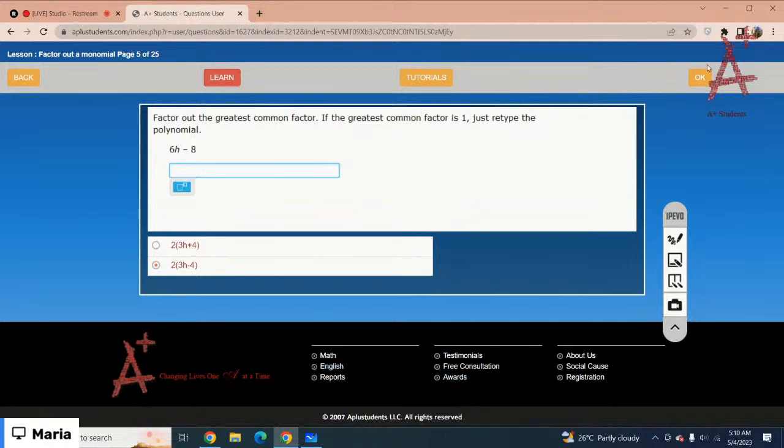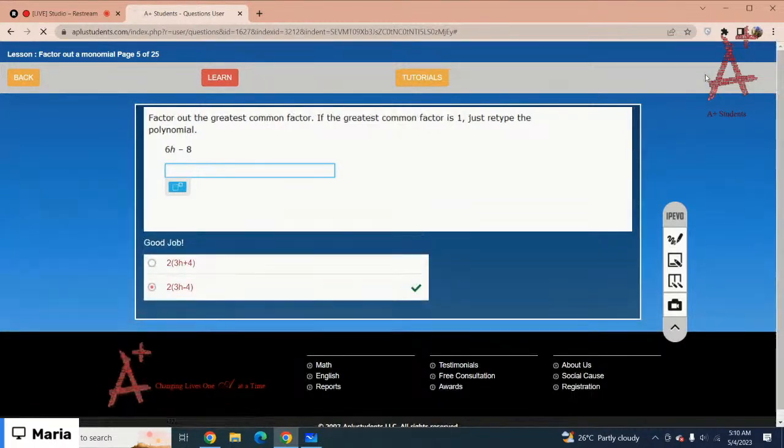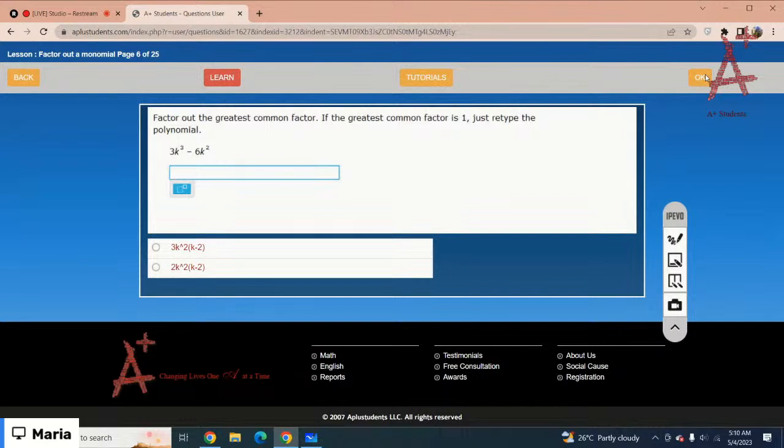So option number 2 is the correct option. The correct option is option number 1, 3k square times k minus 2.